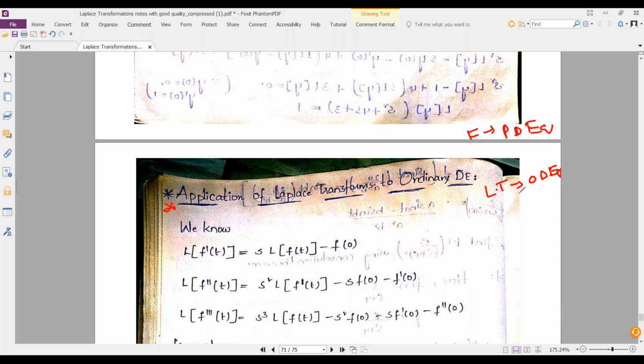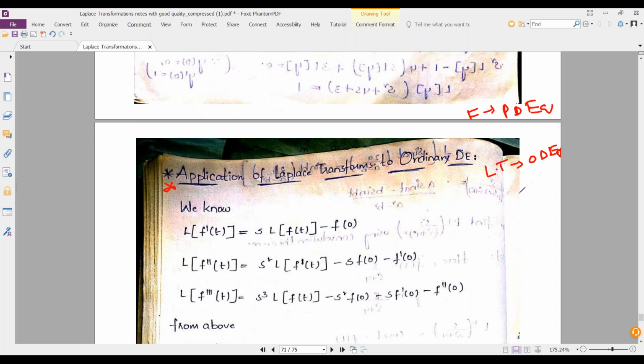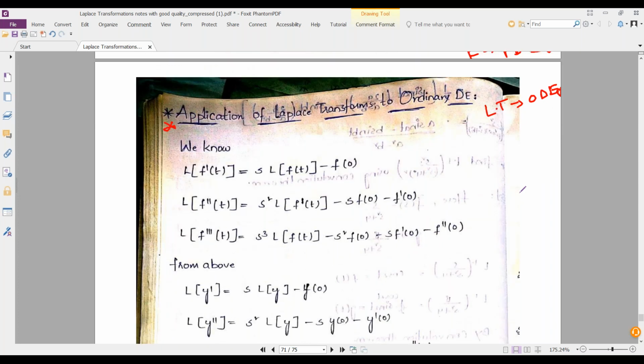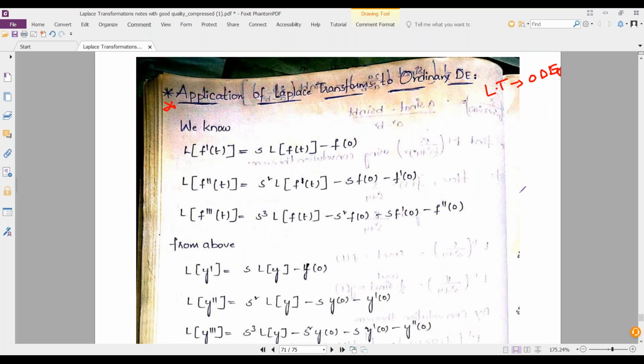Let us see here. Till now, whatever concepts we learned, we need to combine them. As we know, L of f dash of t, the derivative of the function, is s times F of s minus small f of 0. L of f double dash of t can be written as s square F of s minus s times small f of 0 minus f dash 0.